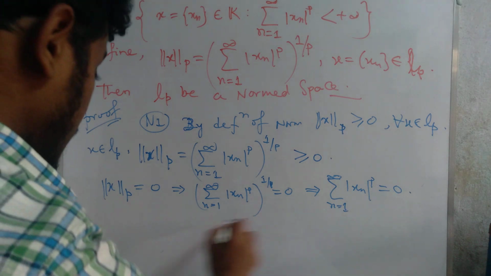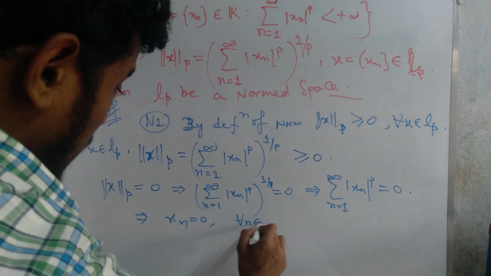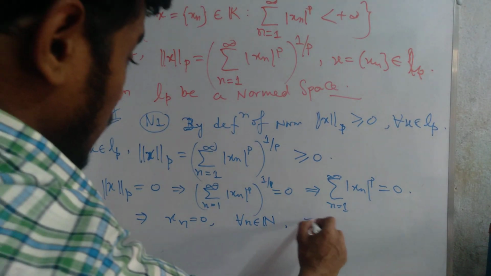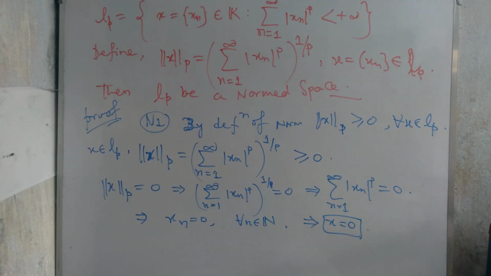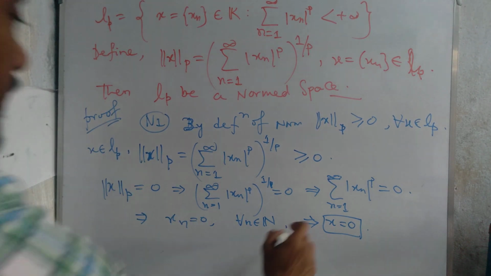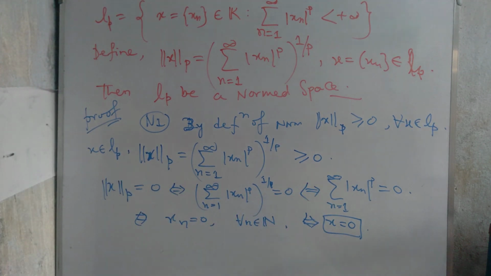This implies xn equal to 0 for all n belongs to the natural numbers. This implies x equal to 0. We did not do this in the previous example, but it is done here. If x equal to 0, then obviously ||x||_p is 0.